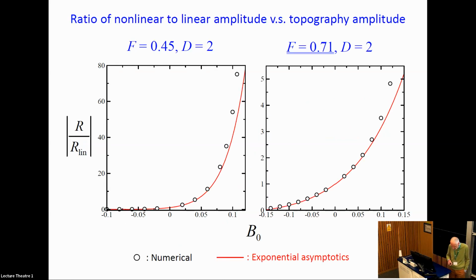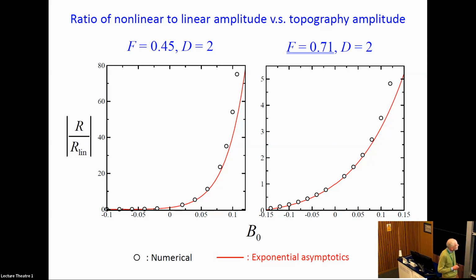This shows you the ratio of the nonlinear to linear amplitude versus the topography amplitude. And the first plot here is for Froude number 0.45. So it's the ratio of the actual amplitude to the linear amplitude. By the way, the linear amplitude, of course, in the linear theory, whether it's a hill or a valley, you can scale it out, and one is the negative of the other, needless to say, okay?